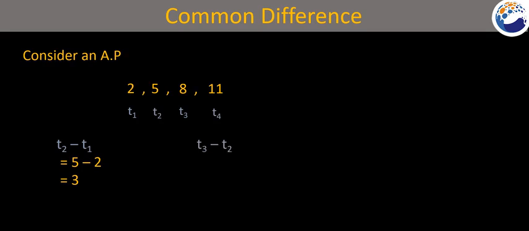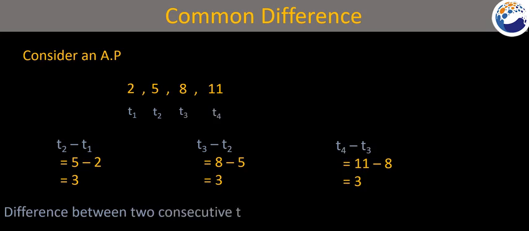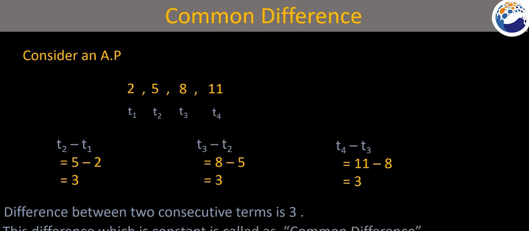T3 minus T2 is equal to 8 minus 5, which is equal to 3. T4 minus T3 is equal to 11 minus 8, which is equal to 3. Therefore, the difference between two consecutive terms is 3. This difference, which is constant, is called the common difference. Common difference is denoted by small d.